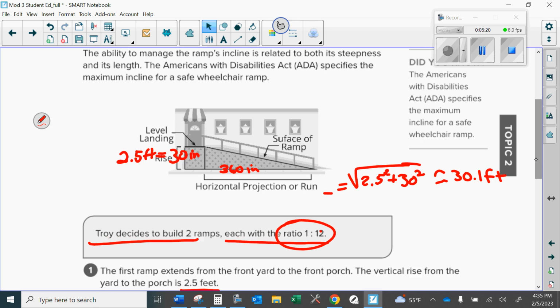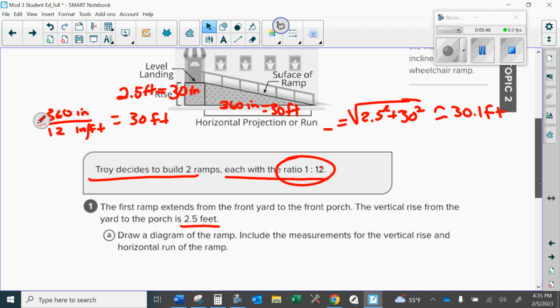Because it's got to be 12 times long, ratio 1 to 12. So how many feet is 360 inches? You're dividing 360 inches by 12 inches per foot. So when I'm done, I get 30 feet. 360 divided by 12 is 30. So that equals the 30 feet. I converted that because down here it talked about feet.